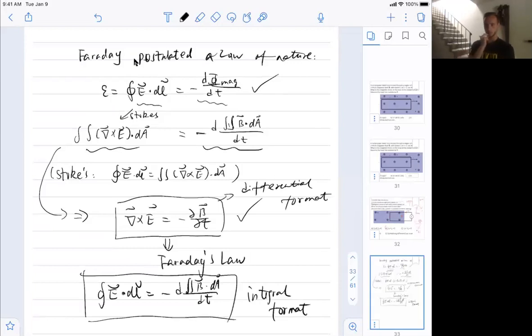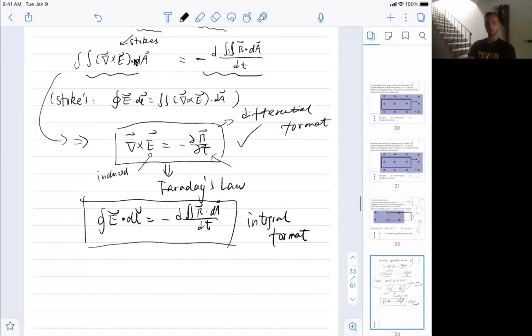A lot of times we simply say that what Faraday's law is telling you is that a change in the B field will produce an E field. This E is not electrostatic, it's an induced E field. It's induced by a change in magnetic field. So a change in B will produce an E. That's Faraday's law.